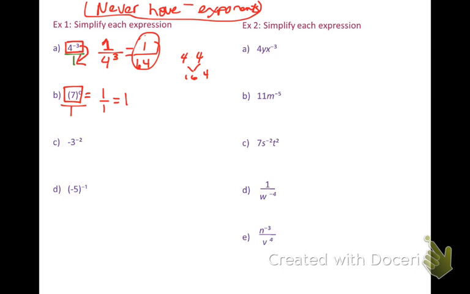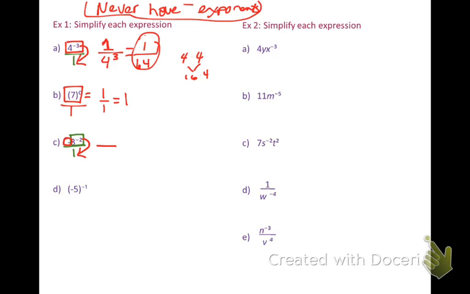Now, look at C. What does that negative exponent go to? It only goes to the 3. So I'm going to box up just 3 to the negative 2. And again, it's on top of the fraction, so I need to bring it to the bottom. So what do I have left on top?